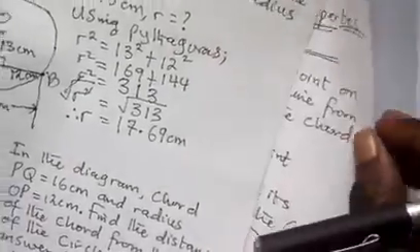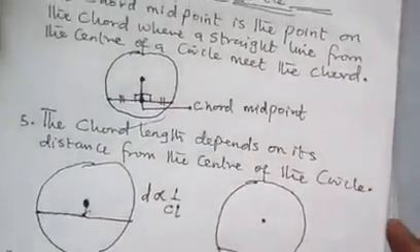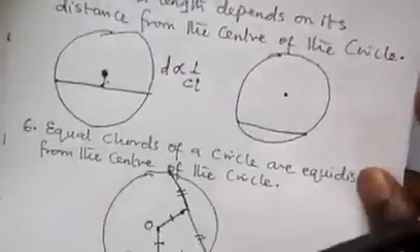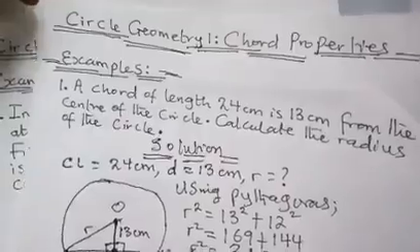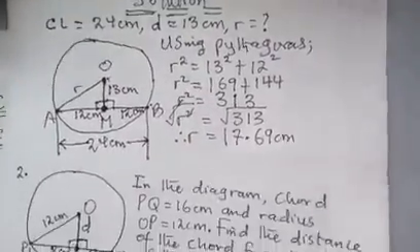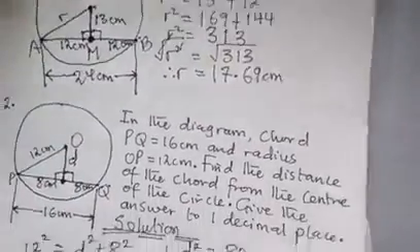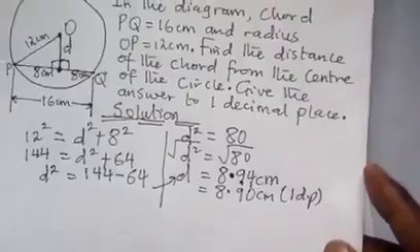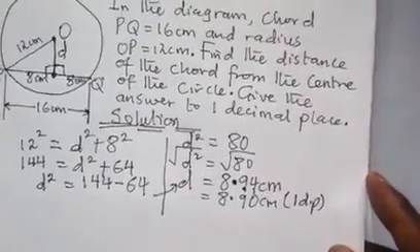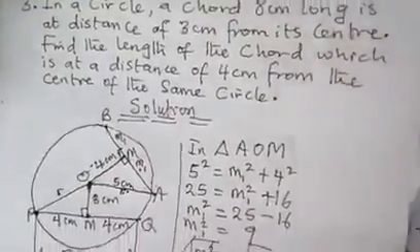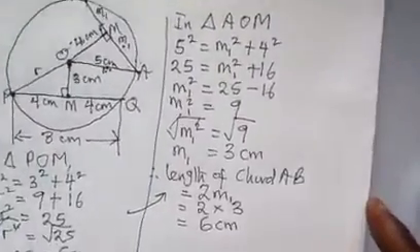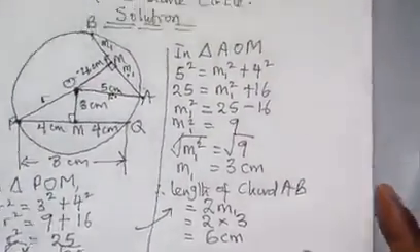From the properties that we are given, we went on to solve some examples, and you can see the first example we got the answer as 17.69 centimeters. The second example we got the answer as 8.90 centimeters to 1 dp. Then the final example here, which is something we just solved, we got the length of the chord as 6 centimeters.